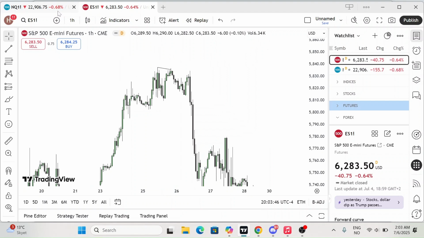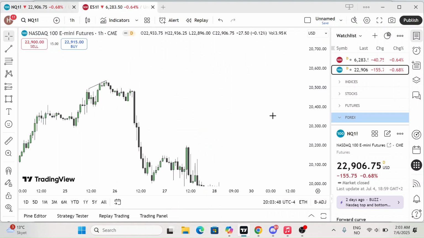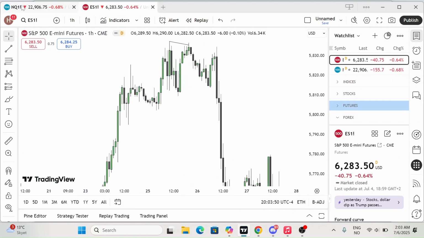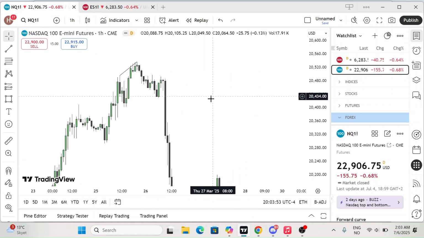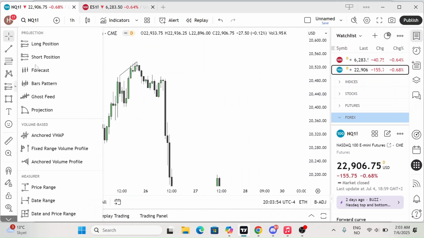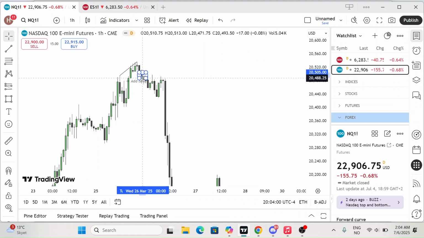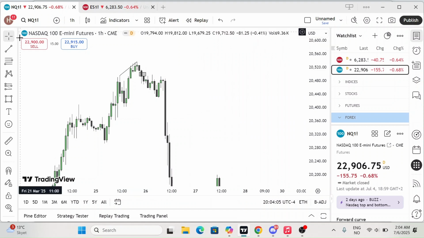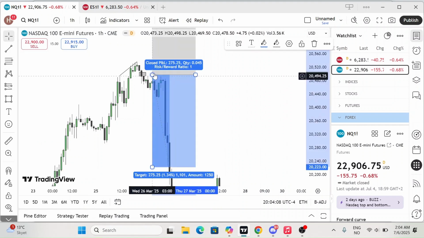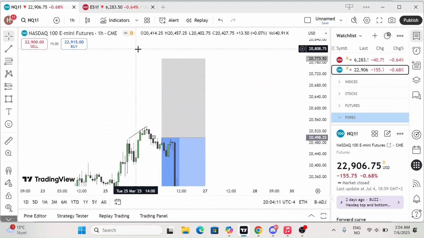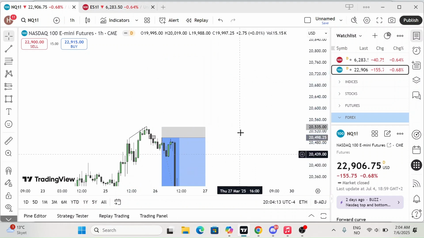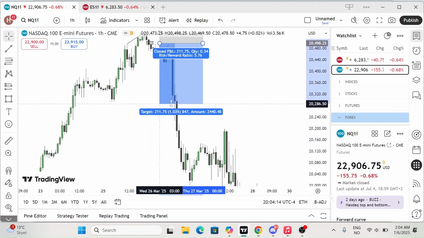So then ES will be the leading indice and NQ is lagging behind, again giving us a really good shorting possibility right here. For example, we have a little fair value gap right here. Price taps into the fair value gap. You could have entered off right here. Put stop losses at this high and target liquidity down here.